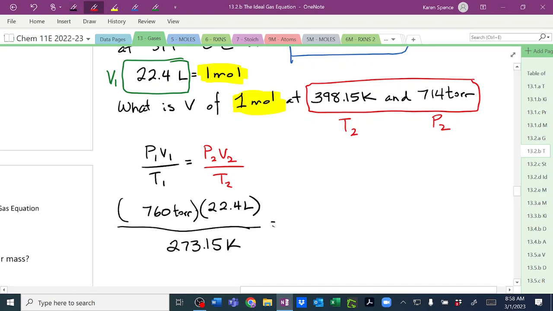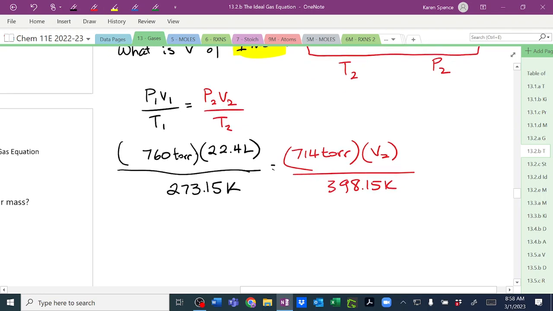And that is equal to P2, 714 torr, times V2, which is what we don't know, over T2, which is 398.15 Kelvin.